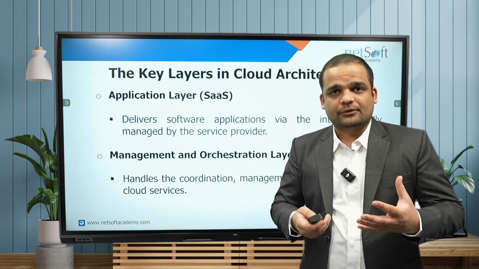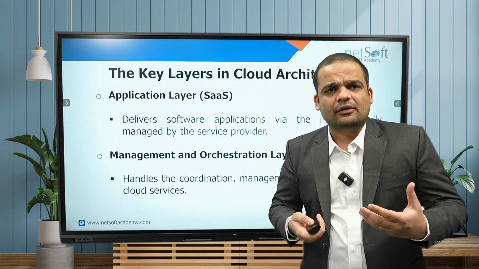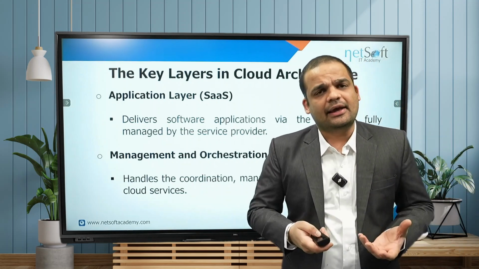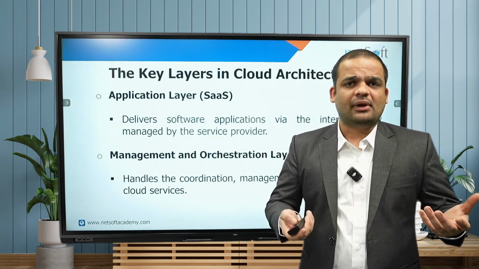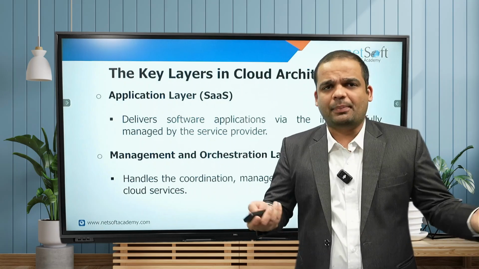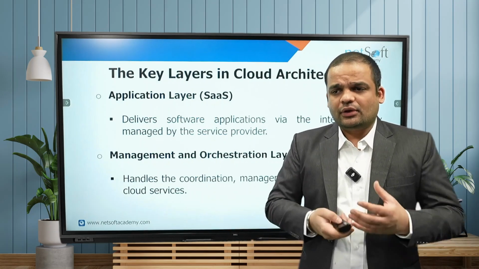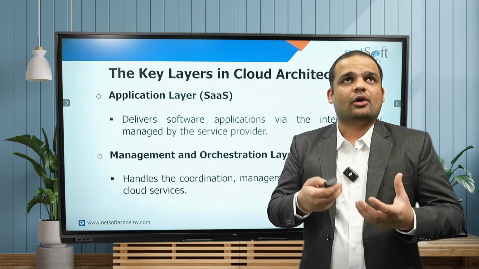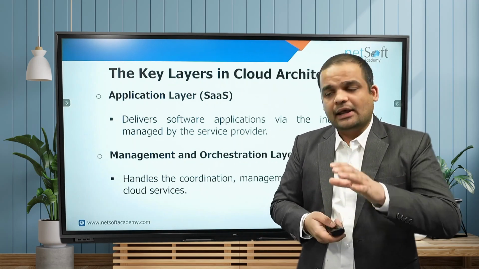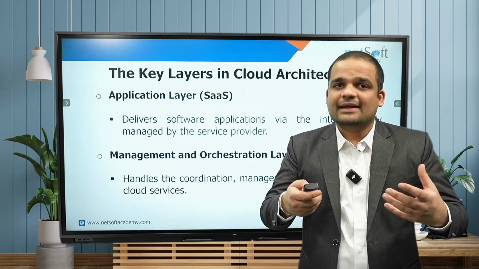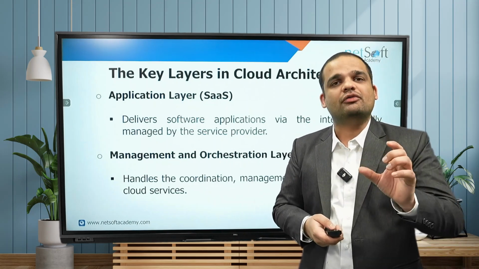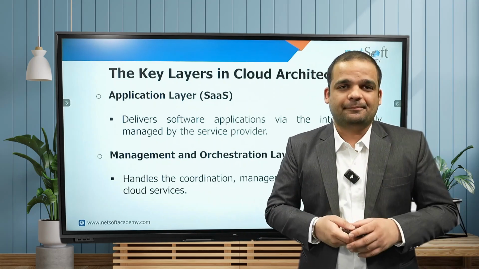It helps automate repetitive tasks such as scaling resources, monitoring performance, and handling events or backups. So here, the orchestrator ensures that different services and applications work together seamlessly in a very unified cloud environment.